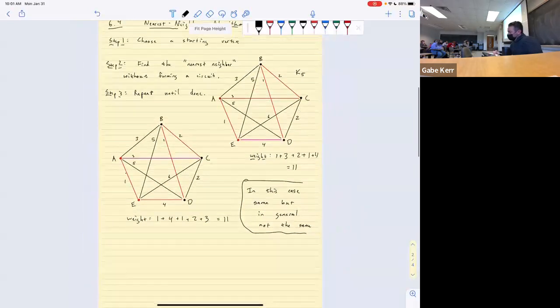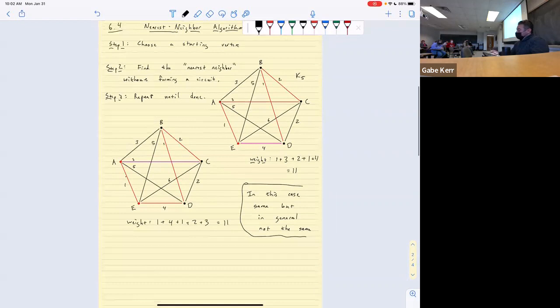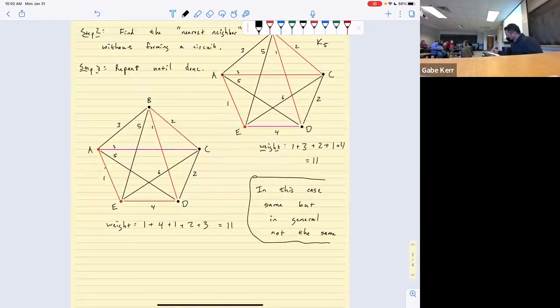So what I want to say is that this nearest neighbor algorithm does not always give us a path of the smallest distance. So unlike the brute force algorithm, where we know that we can always get an optimal solution, this algorithm, we may not get an optimal solution. So what people do is they'll do what's called the repetitive nearest neighbor.